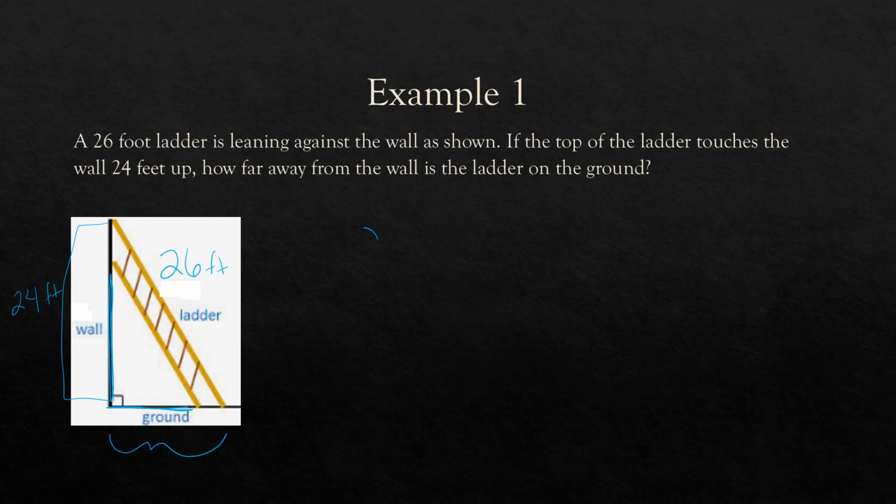So I'm going to call our unknown a, squared, plus b, which is 24 feet, squared, is equal to c, which is 26 feet, squared. 26 times 26 is 676. 24 squared is 576.